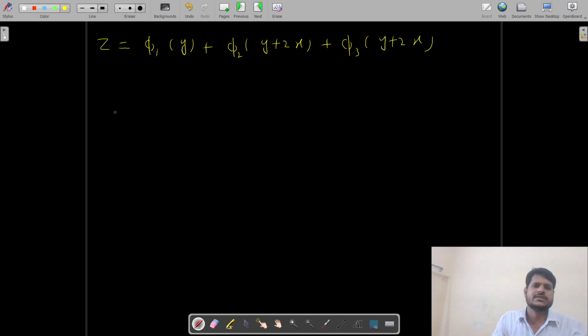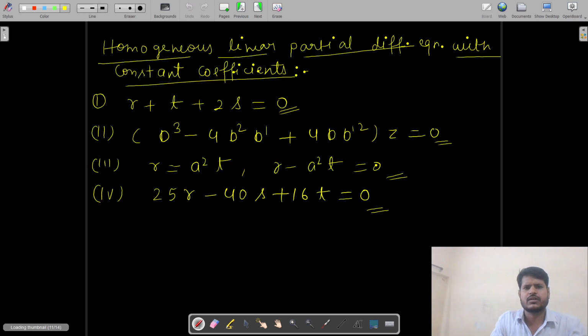Now let's see the third problem, that is r is equal to a square t.